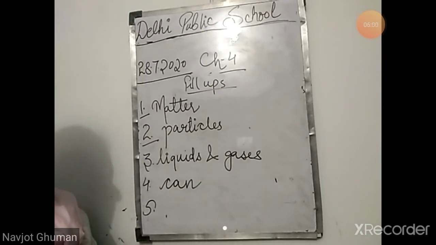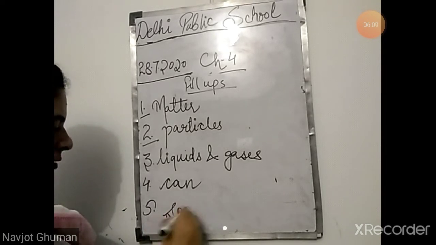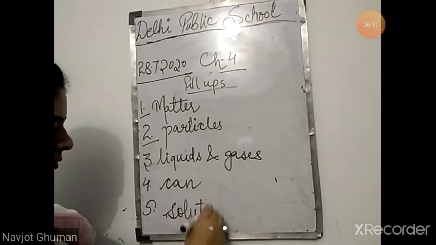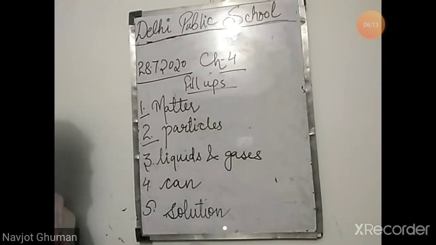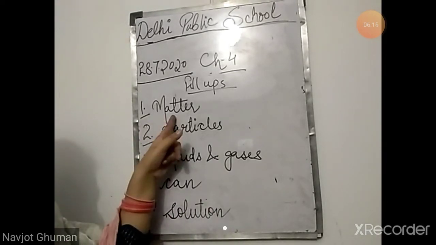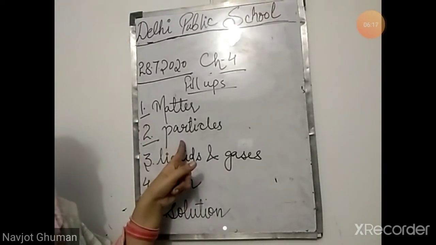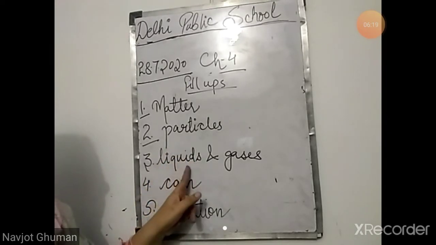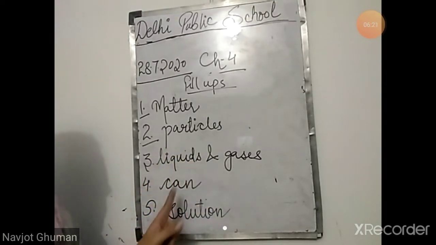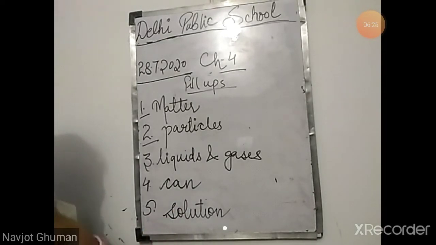Solvent is one substance. Solution is formed by mixing two substances. So answer is solution. So first fill up is matter, second particles, third liquids and gases, fourth can, and fifth is solution.